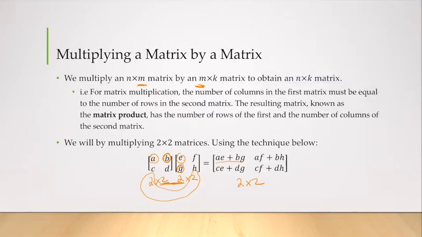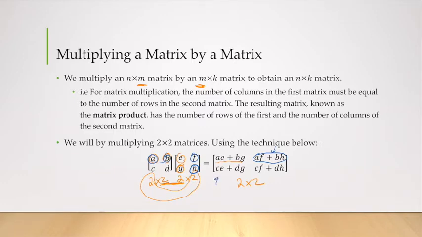Let me change colors. So then, in order to get the entry in the first row, second column, I take our first row times our second column. So I take A times F plus B times H. And that gives me the entry in my first row, second column. So we're multiplying the rows by the columns.